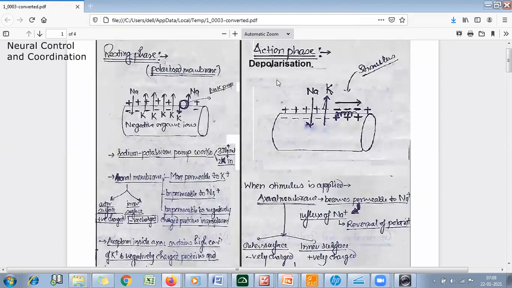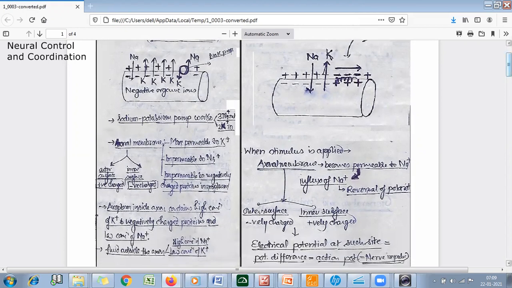Now the membrane will become depolarized. In the first phase, the resting phase, when the stimulus was not there, the membrane was in the polarized membrane state. Now when the stimulus comes, the membrane will be depolarized. How will this be depolarized?